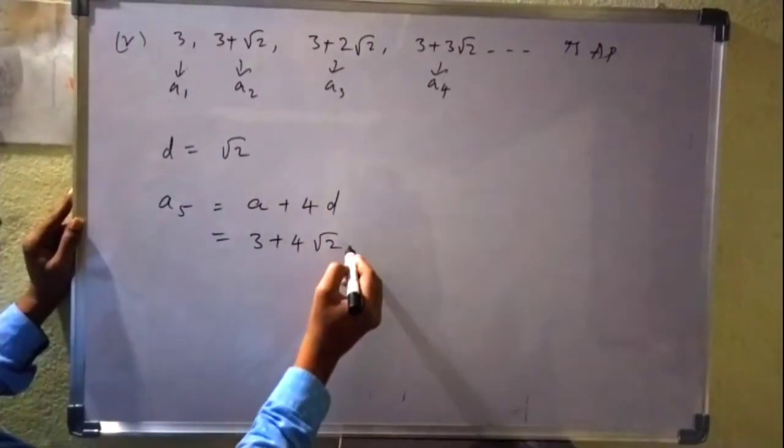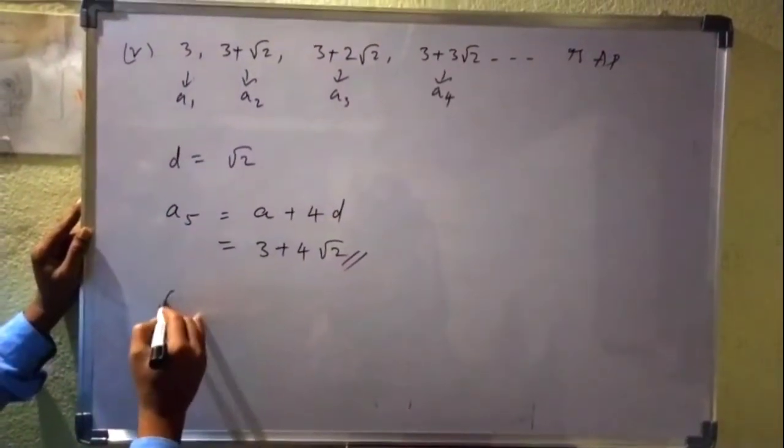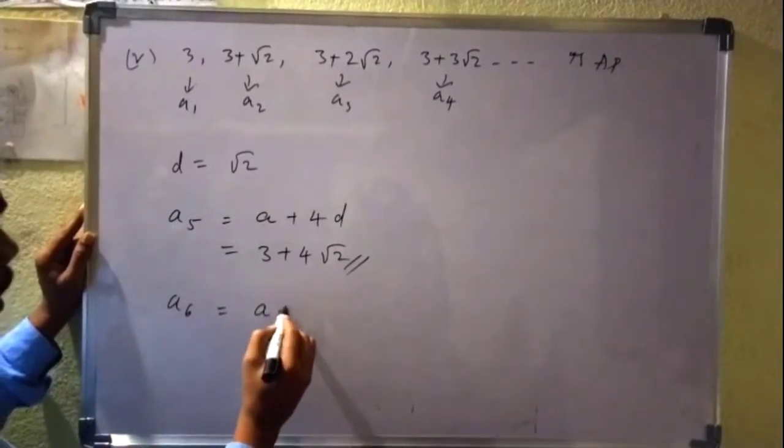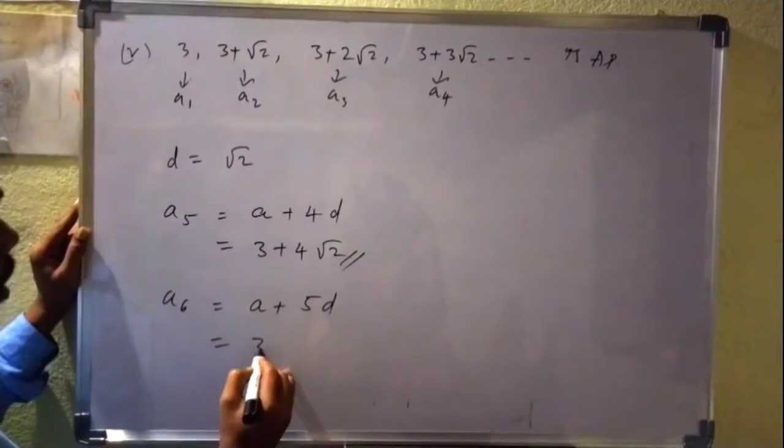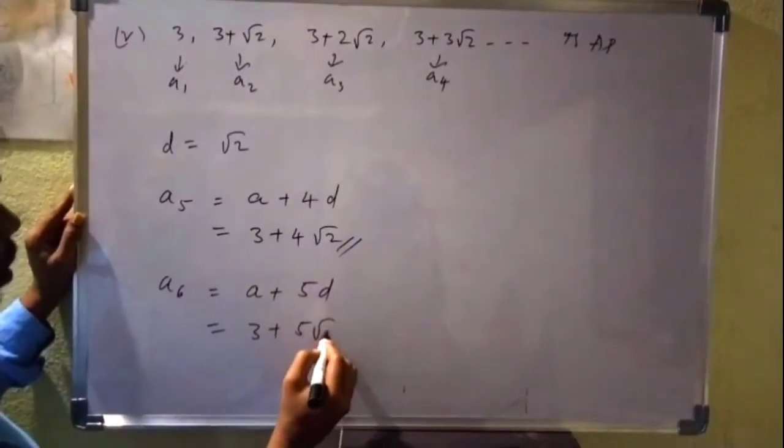So a5 is also finished. Next a6: a6 is equal to a plus 5d. So a value is equal to 3 plus 5 root 2.